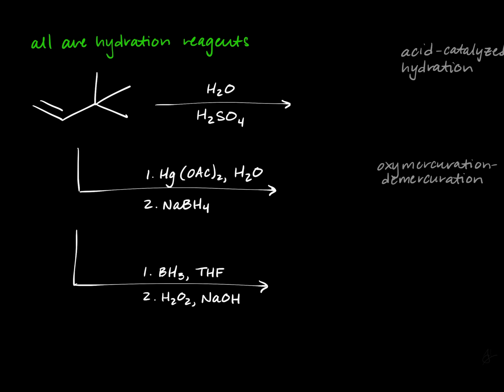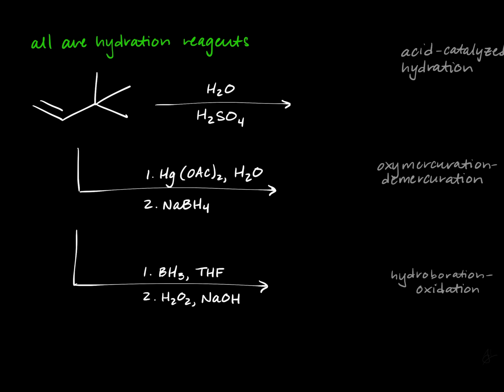The last one is called hydroboration, which is the name of the first step, and then oxidation. This is the name of the second step. So these are their names, if you want to look up more about these reactions.